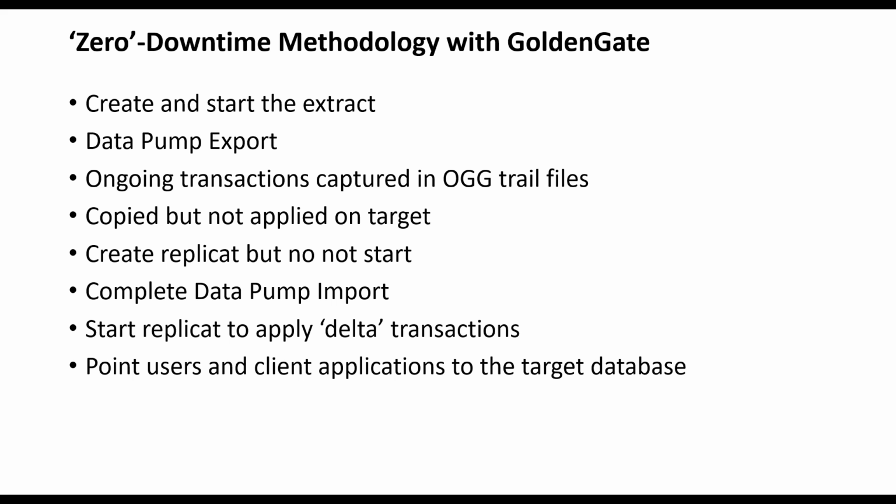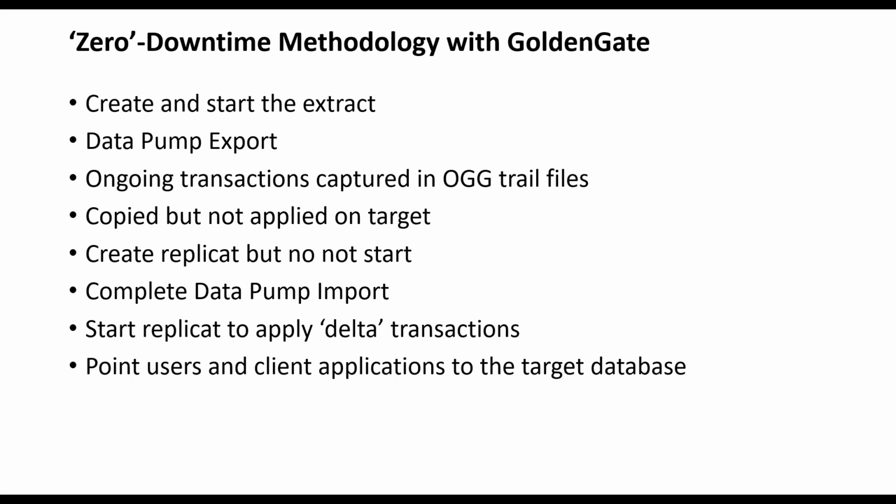So there are a lot of transactions still happening, but what's happening in the background is that Oracle GoldenGate is capturing them to its proprietary trail files. So at this point in time, the trail files are being copied to the target side, but are not yet being applied. That's very important. So we create the Replicat process on the target, but don't start it up as yet.